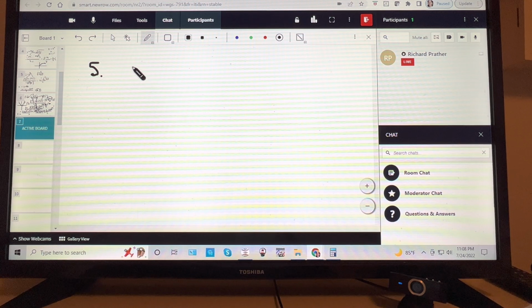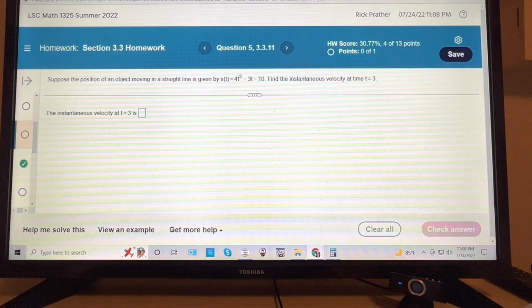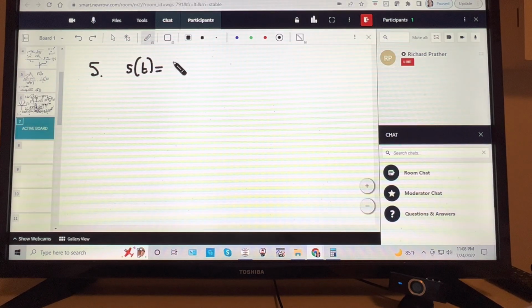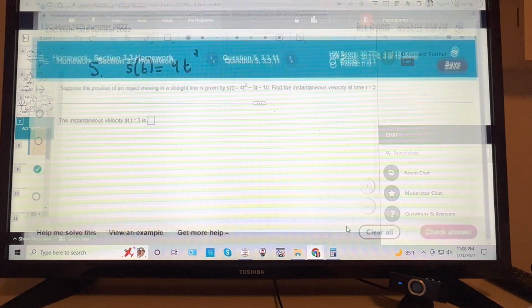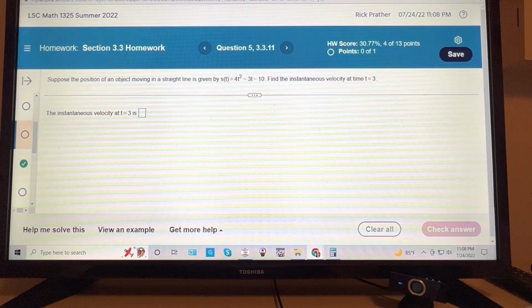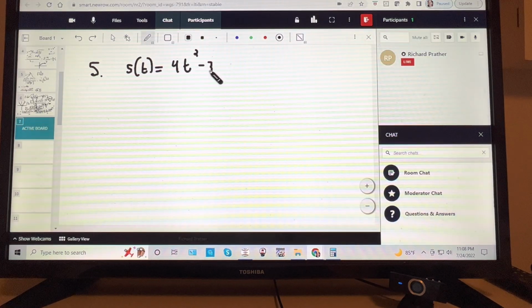So in physics, they call this the position function s of t. Where is the object or the car at any given time? And it's a quadratic function, 4t squared minus 3t minus 10. And then I'm given an arbitrary time of 3.